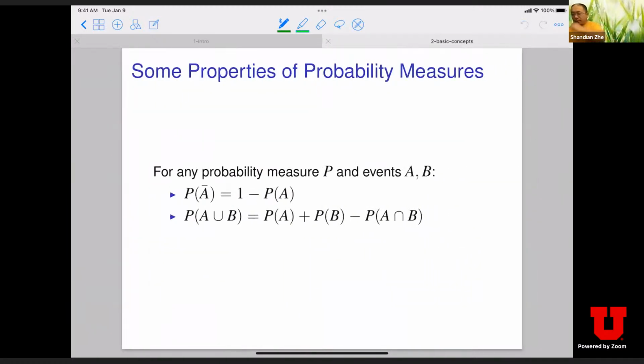So now, please forgive my throat. There are some properties of our probability measures which we have seen for a long time. If you have an event A, then the probability of the complement of A is 1 minus P of A. People use this by default.